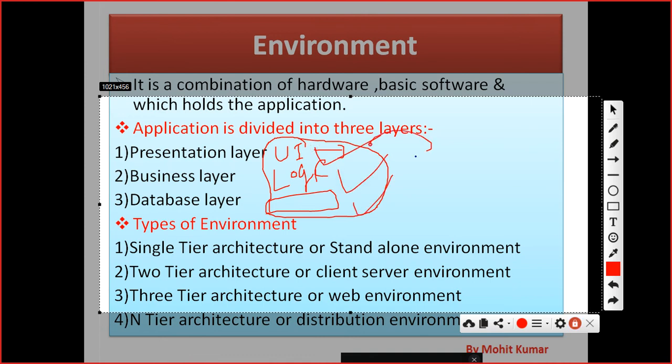So for these three profiles, the UI developer is there, the backend developer is there, and database people are there, right? After developing the application, we have many profiles for testing.